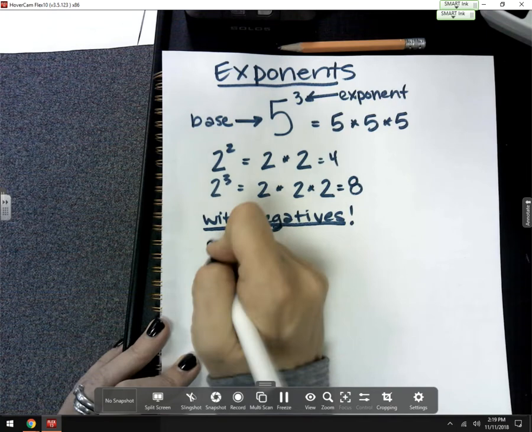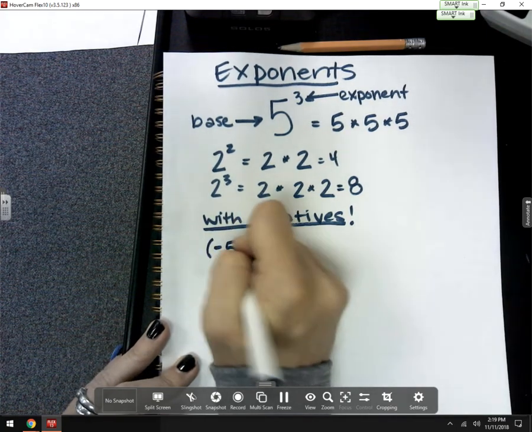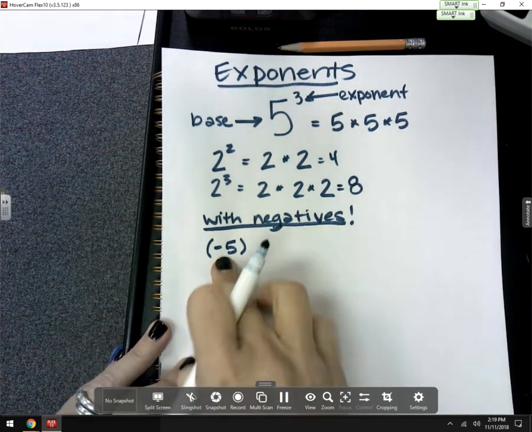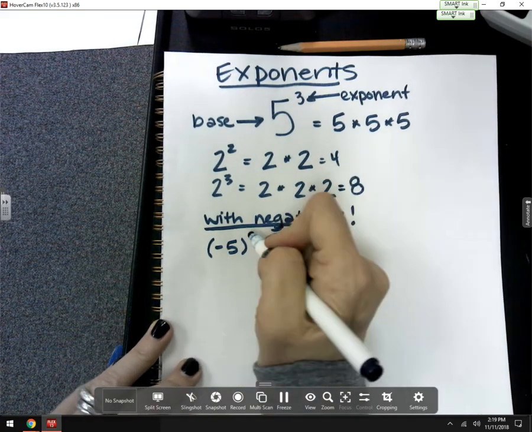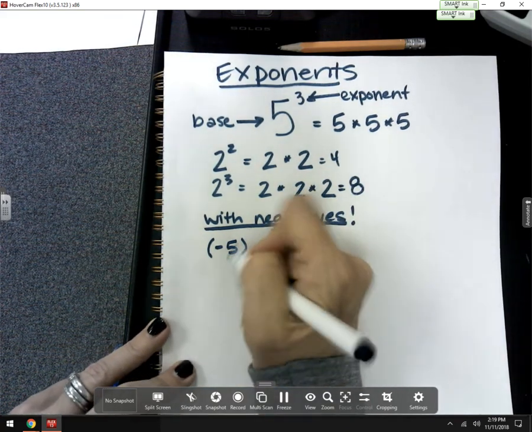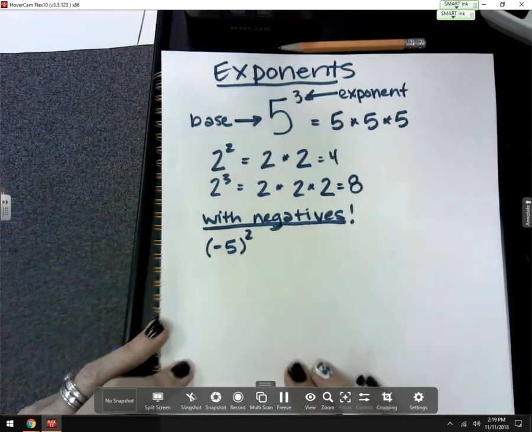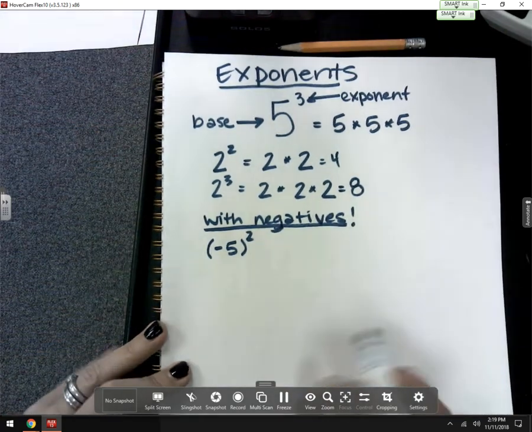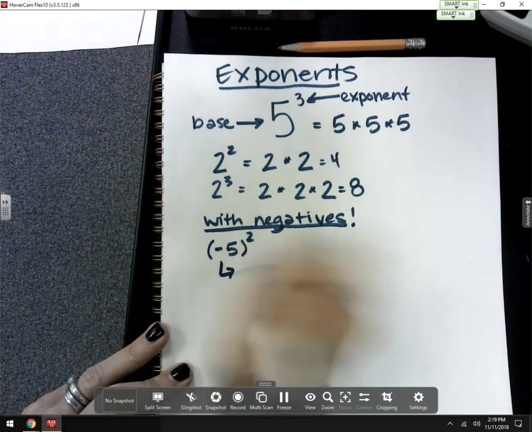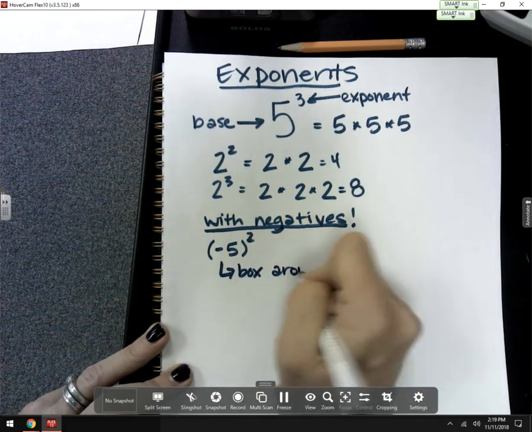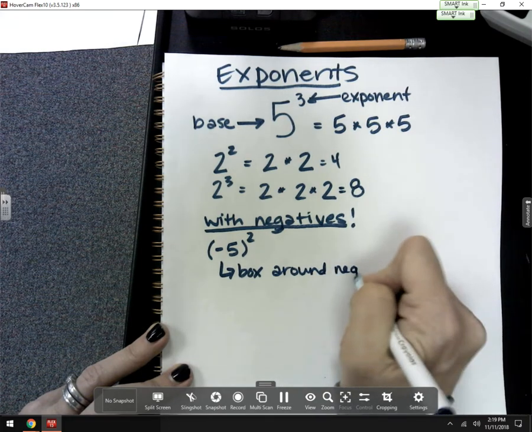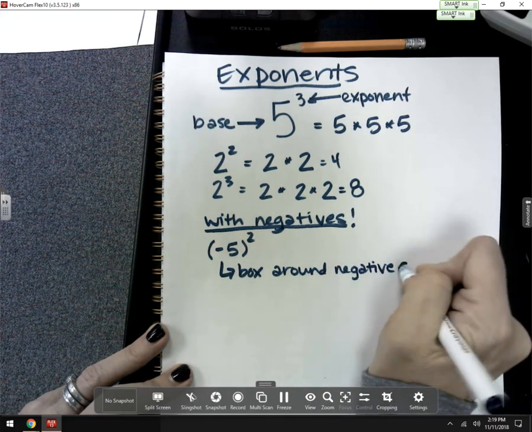So we might see something that ends up looking like this. You might end up with this after you do some problems within the parentheses, and you might end up with a -5, or you might just have a -5 to the second power. So what I want you to notice is that those parentheses are kind of like a box around -5.